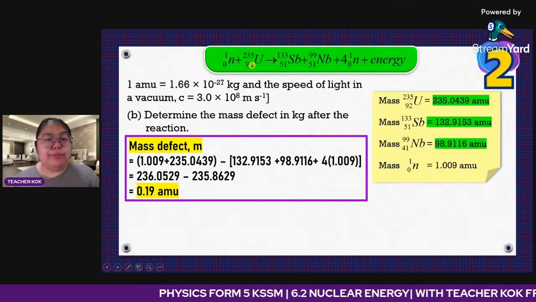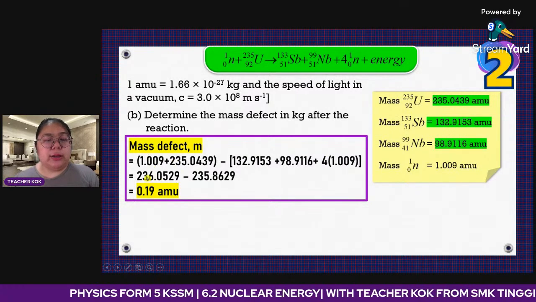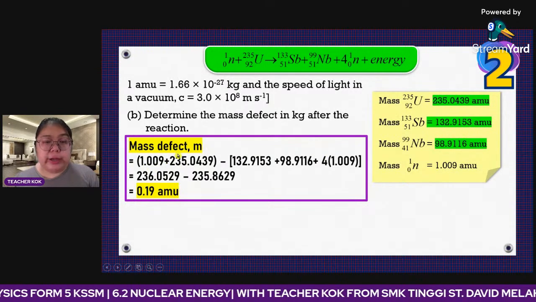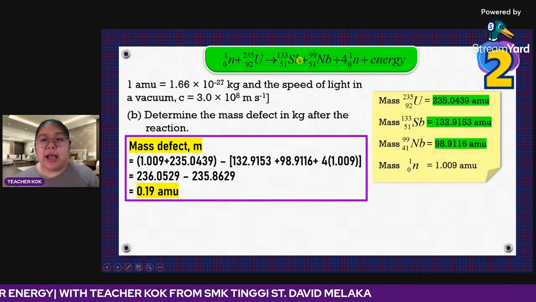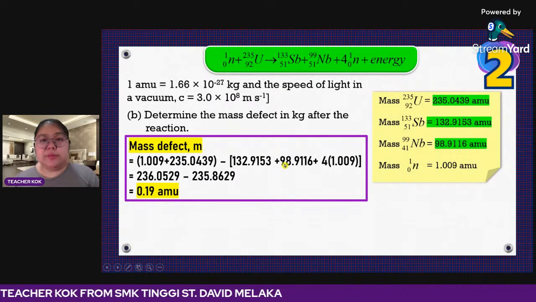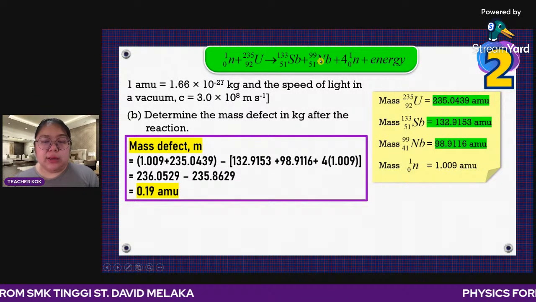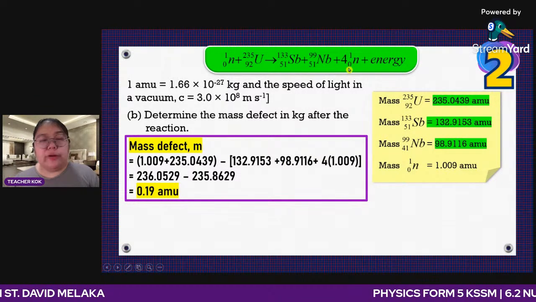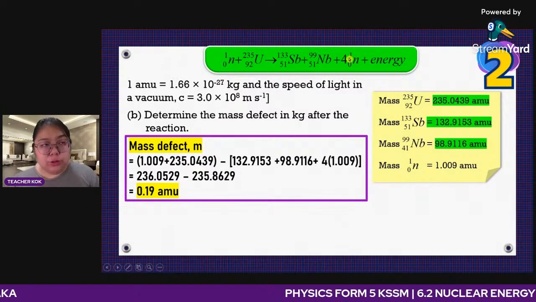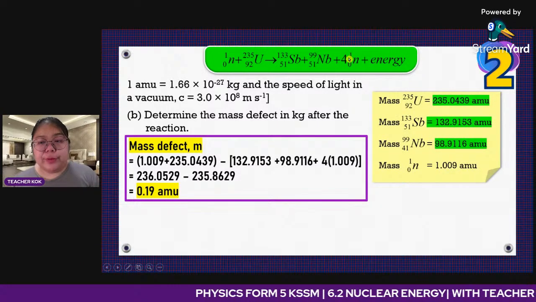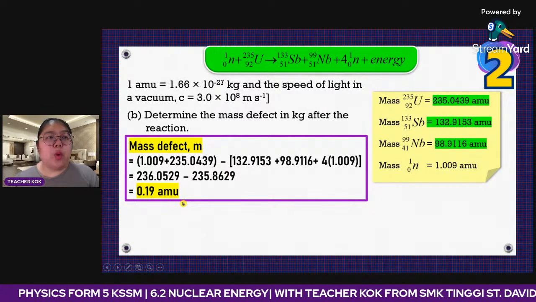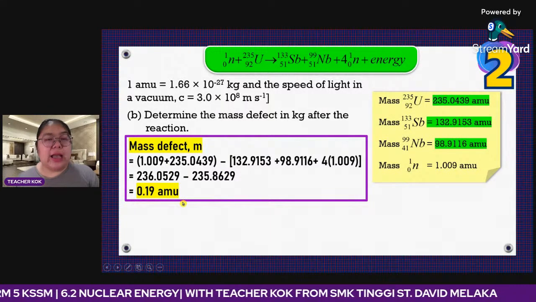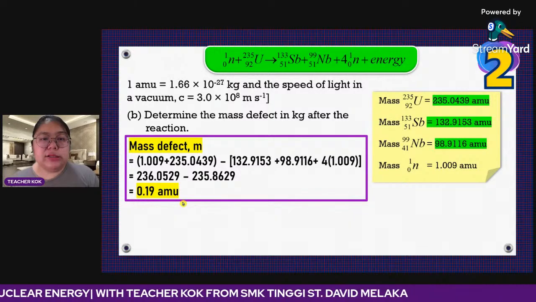Because you need to take the neutron plus the uranium, then minus the strontium plus the barium. Don't forget there are 4 neutrons here, so you need to multiply by 4. Then after I minus, I get 0.19 AMU.